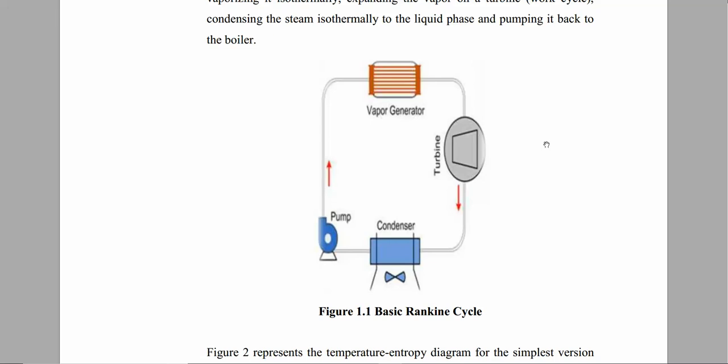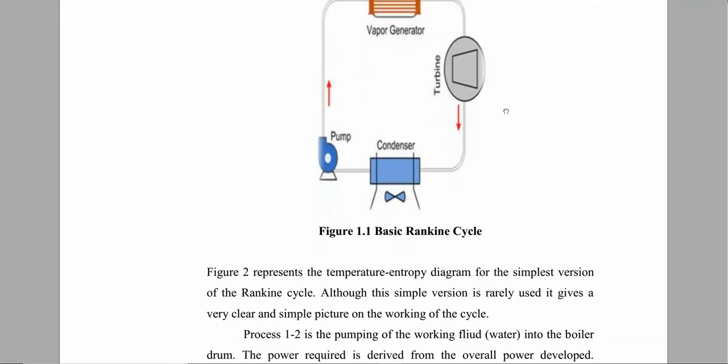Then the steam rejected from the turbine will enter the condenser, and the condenser will reject its heat and convert it into liquid again, and then the pump will circulate that water again to the boiler.